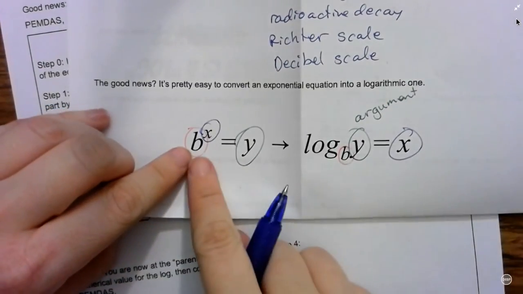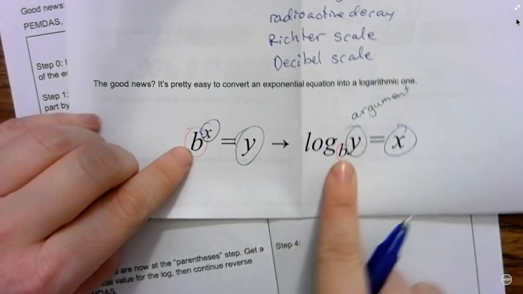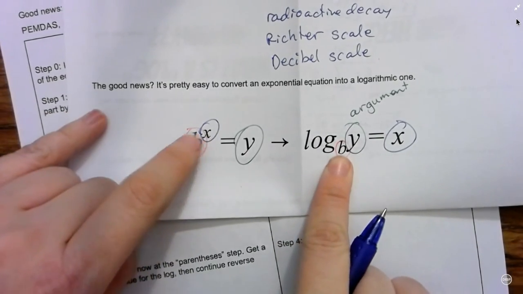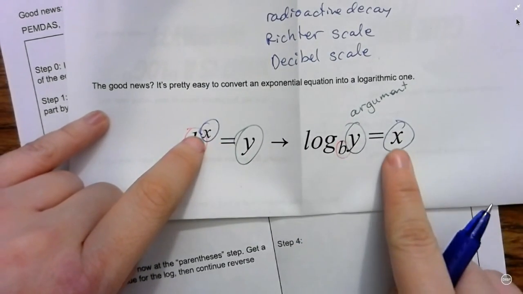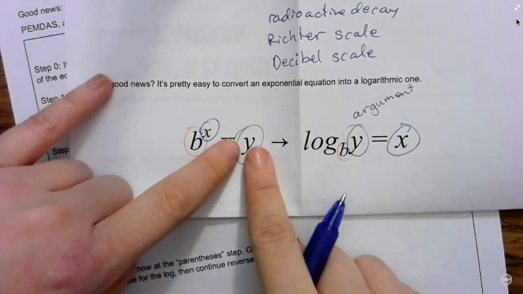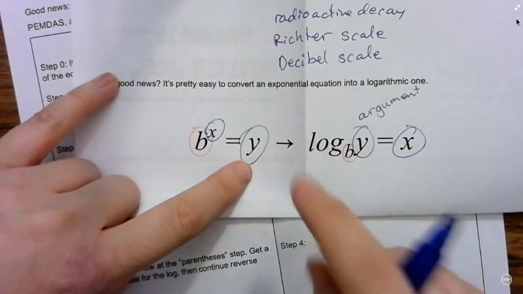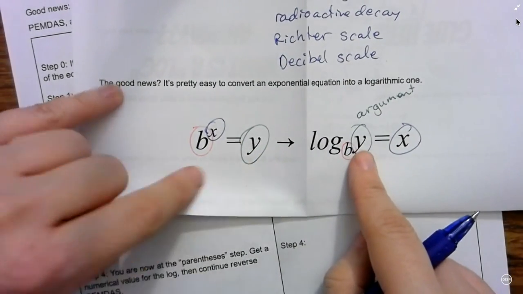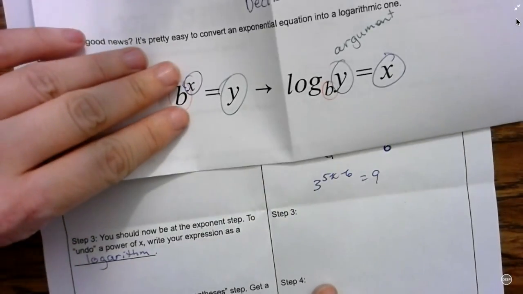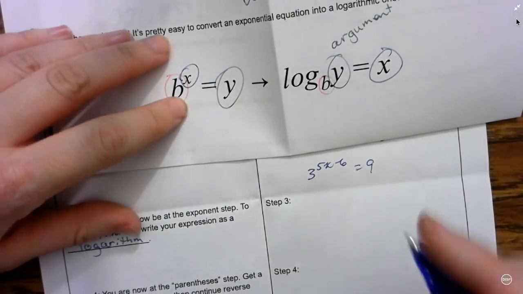So you may want to have this back. Remember, you're going to take your base and make it the subscript, the base of your log. Your exponent is going to end up on the right side. And your product, or your answer, so to speak, is going to end up as the argument of the log. So let's have both visible there.